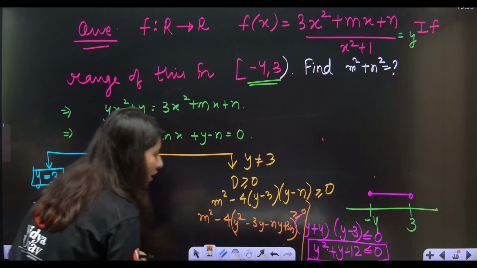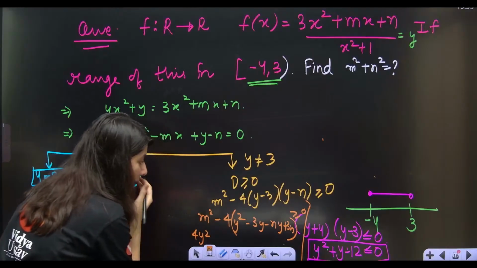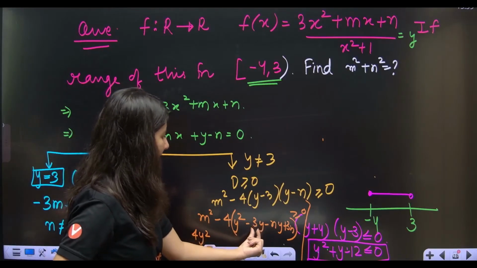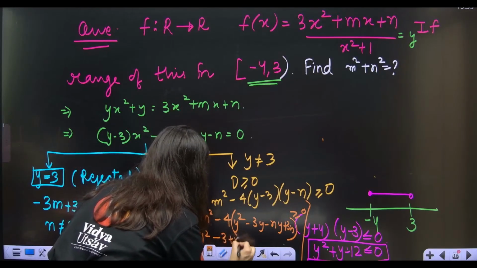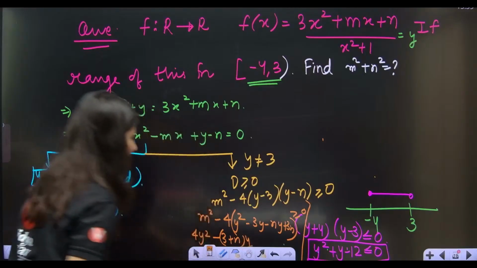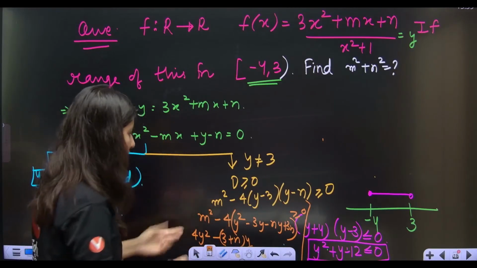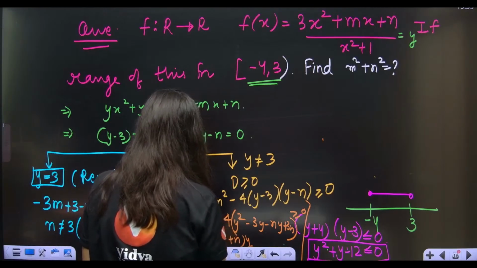Okay, so now multiply with the negative sign. So this is 4y square, correct? Now this is 3 plus n times y. So minus minus plus, so 3 plus n y. And eventually this 4 is also there, by the way, here. Minus 4.